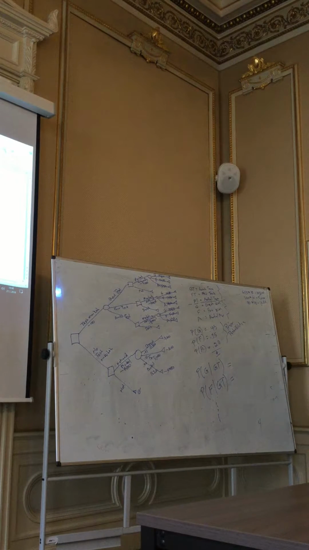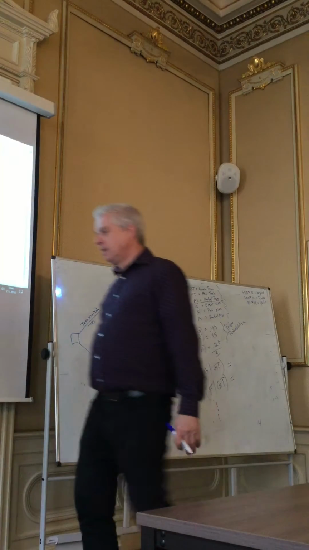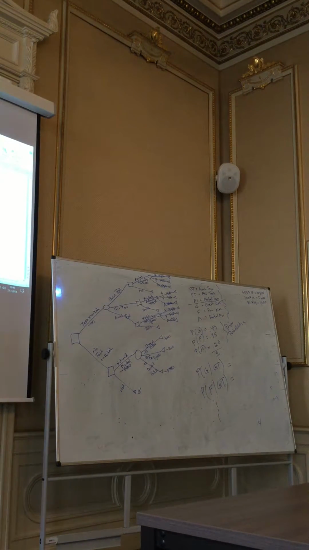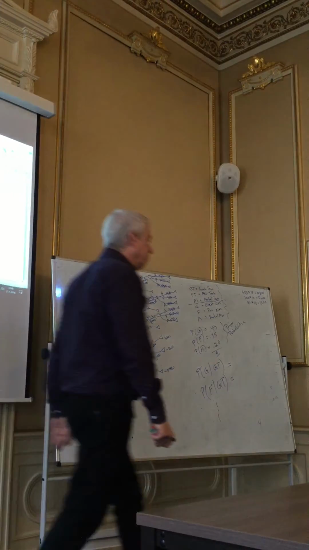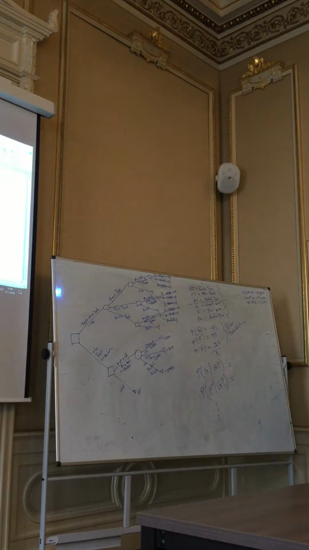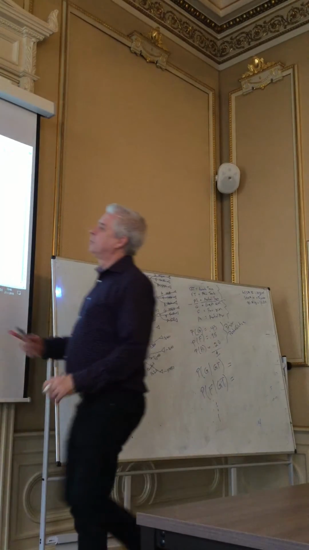Where do we get these numbers from? Well, we have a couple formulas, and we have a bunch of information up here. Do you suppose these numbers are just given up there? What do these numbers say?